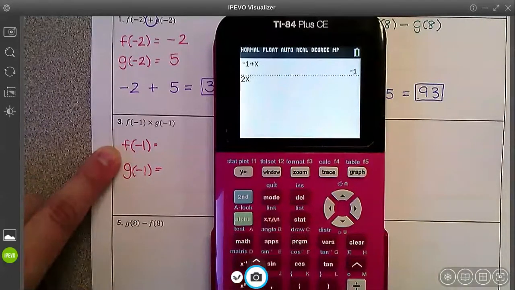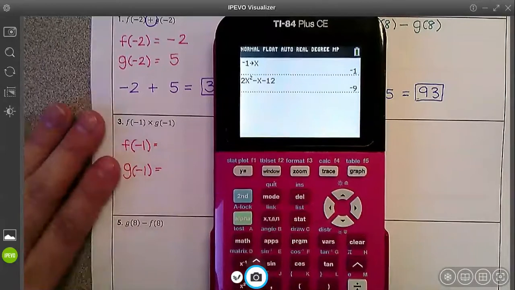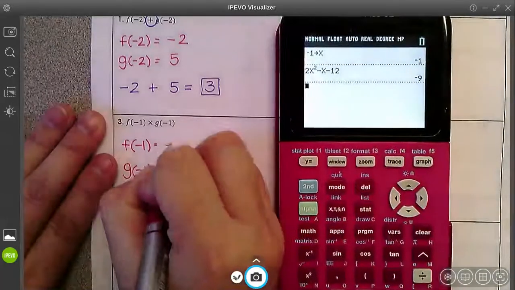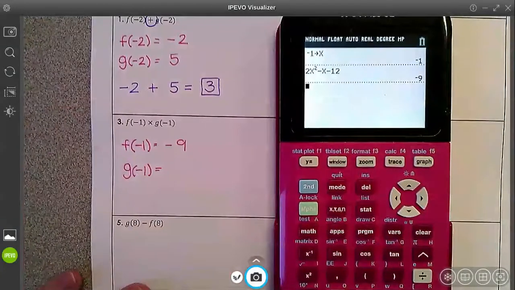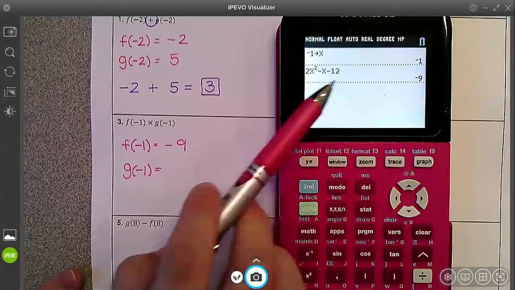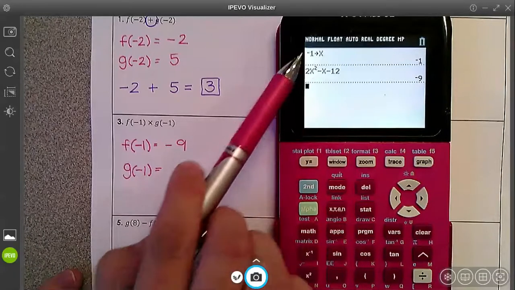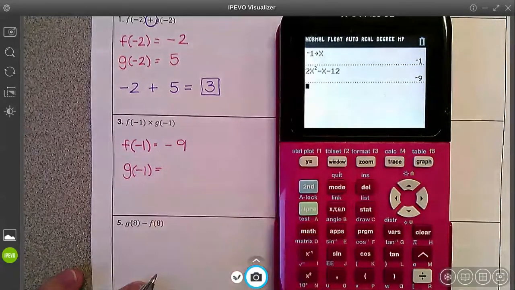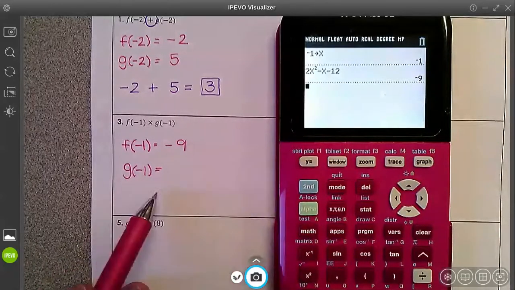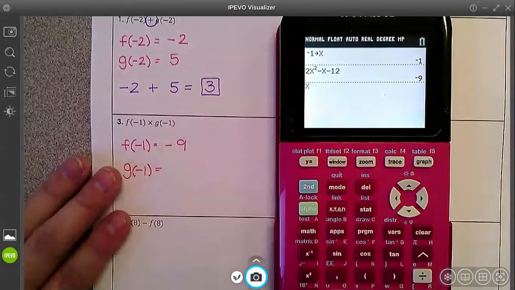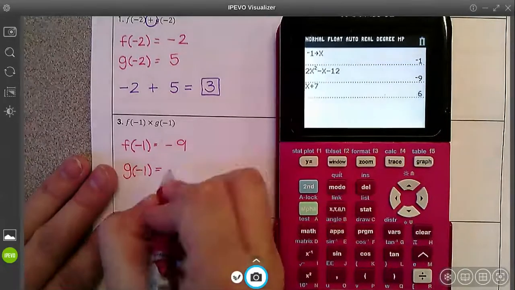You can retype it if you want, or you can go highlight it and bring it down. Either way, you get negative 9. If you didn't get negative 9, maybe make sure you stored negative 1. Okay. And then for g, that's x plus 7, which is 6.